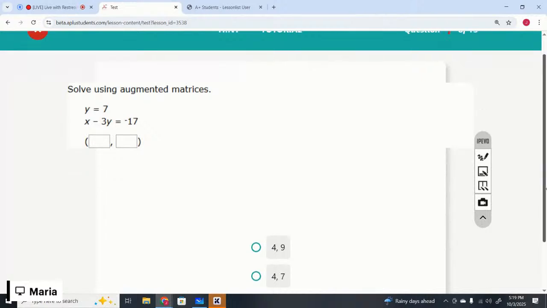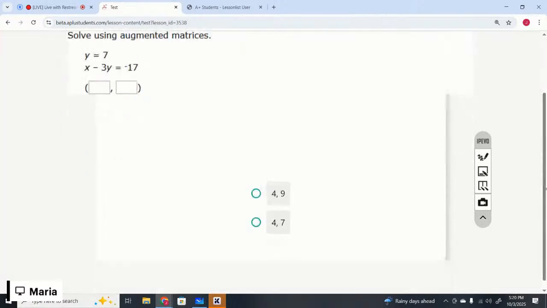Solve using augmented matrices. x minus 3y equals negative 17, and y equals 7.